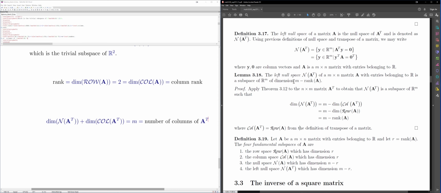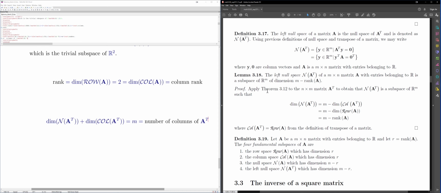You may not actually want the basis or the solutions. You just want the dimension. So according to this, the dimension of the left null space of an m by n matrix is m minus the rank of A. Notice this is the rank of your original matrix.